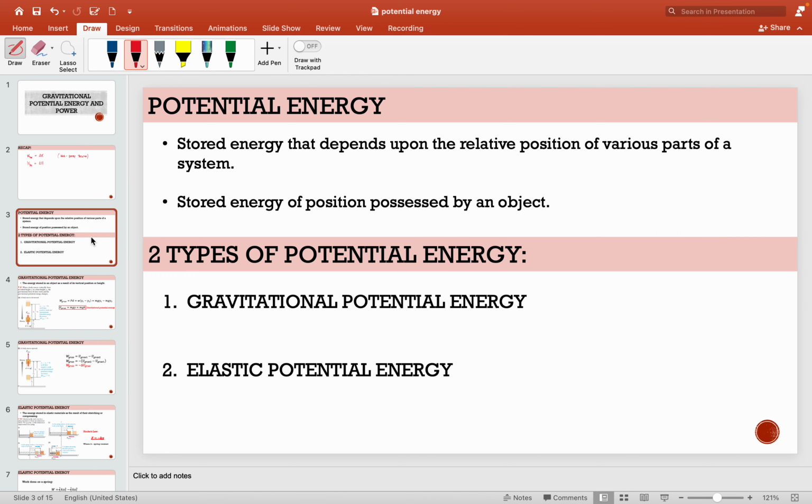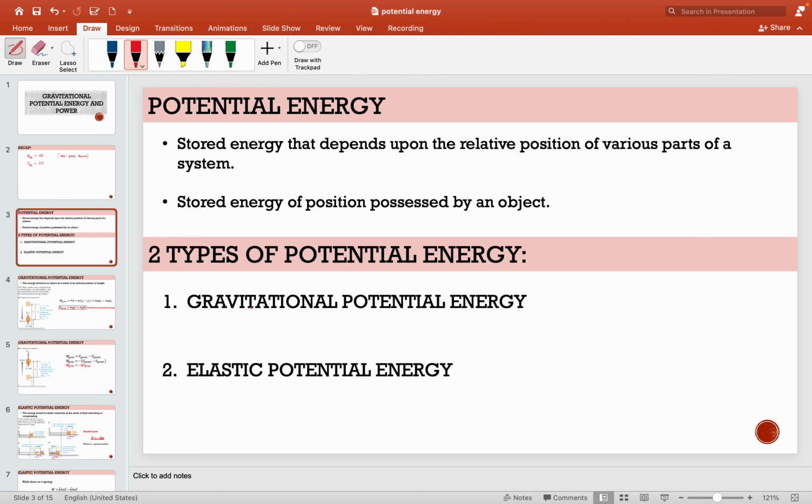Now, potential energy is the stored energy that depends upon the relative position of various parts of a system, and also it is the stored energy of position possessed by an object. We have two types of potential energy.